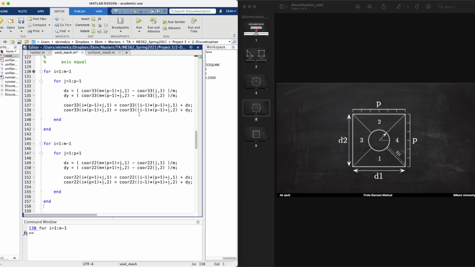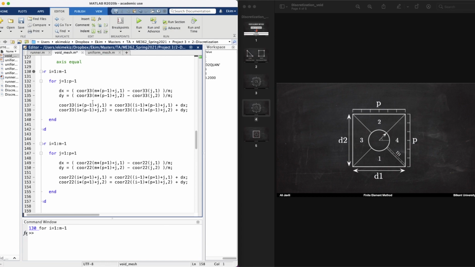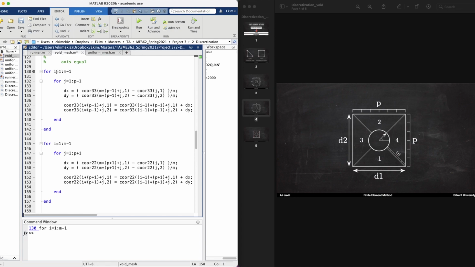Okay, so again our loop starts from 1 to m minus 1. Why? Because along here, inside the region, we have m minus 1 rows. We have calculated these two. And now it goes until p minus 1 because we don't have the diagonals.